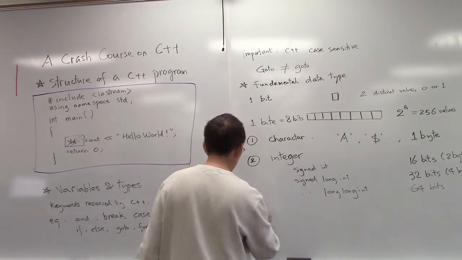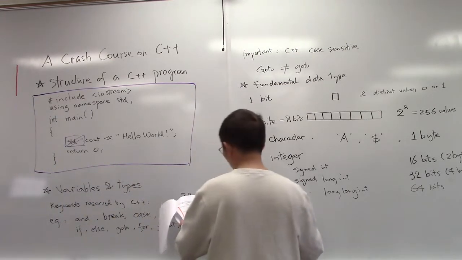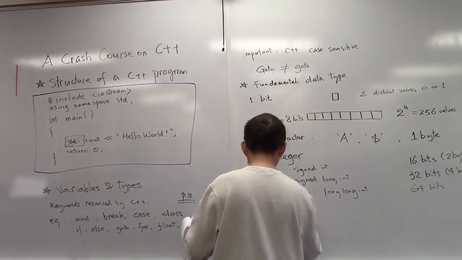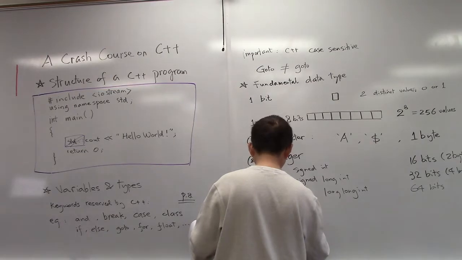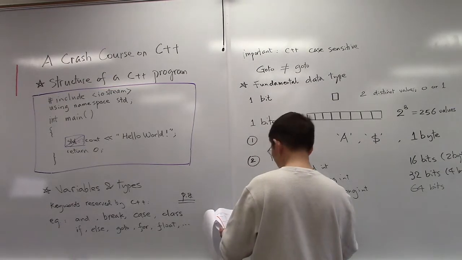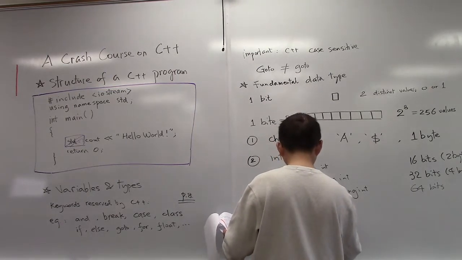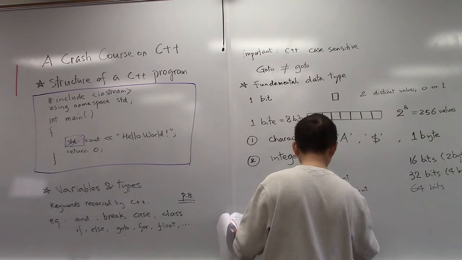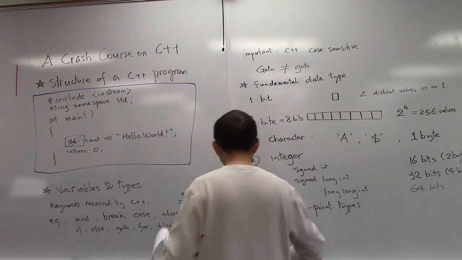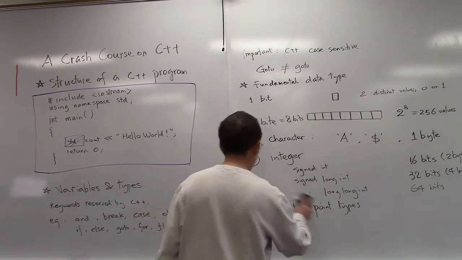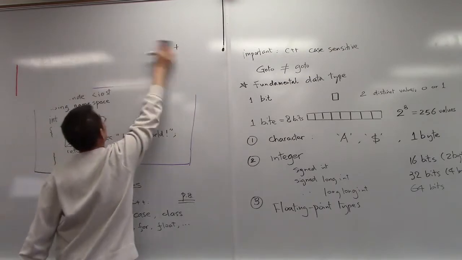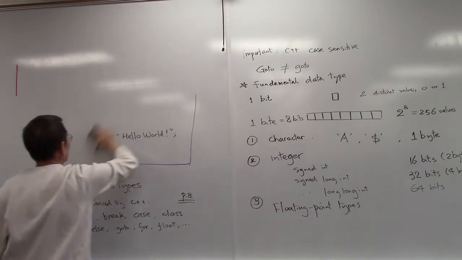The third type is floating point types. And the floating point types itself also have several subcategories. Let me write it here.